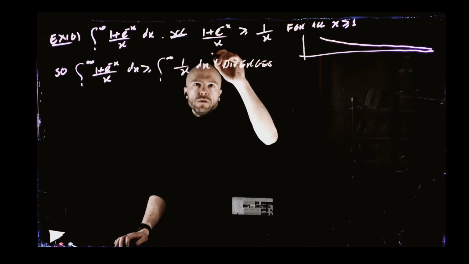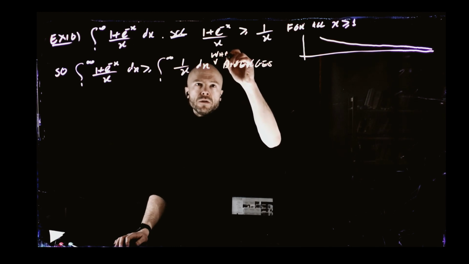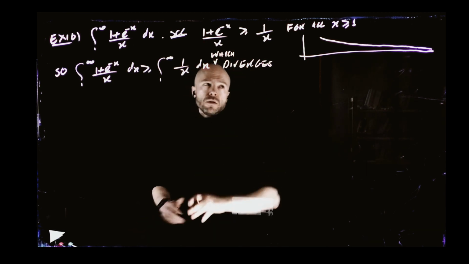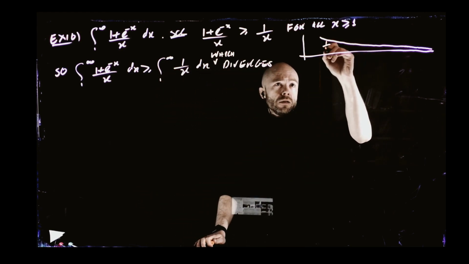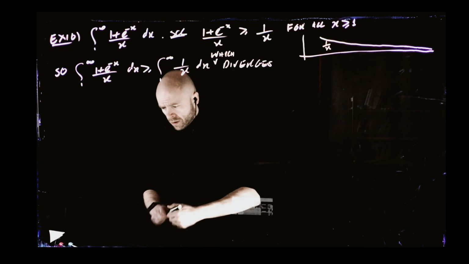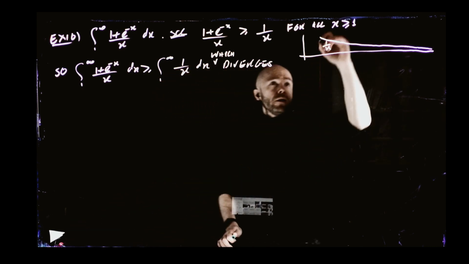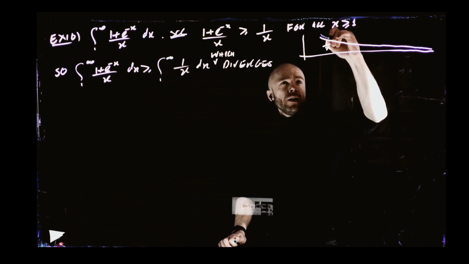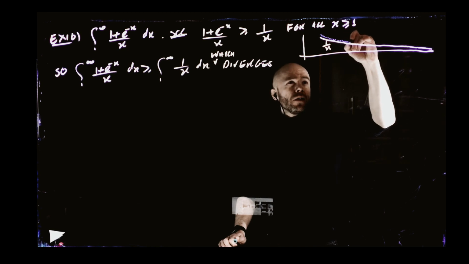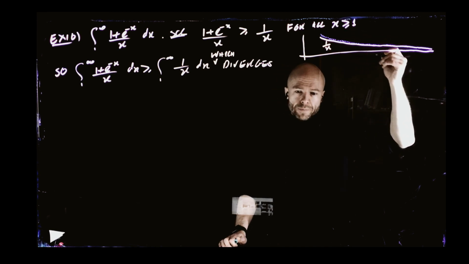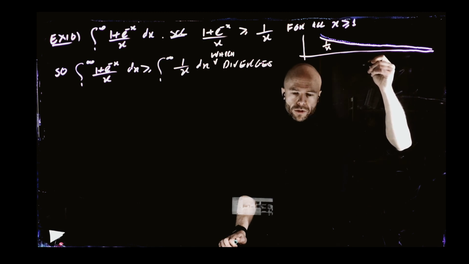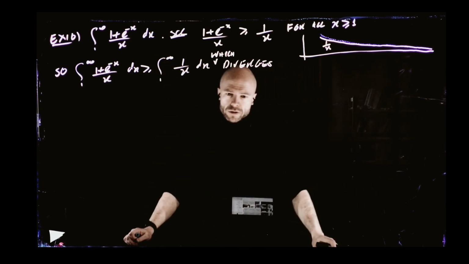So in pictures, if this thing is the graph of 1 over x, then the guy we're interested in is just a little tiny bit bigger than that, and it gets closer and closer to it incredibly quickly. But it's always bigger, no? So for sure, the area underneath this thing cannot converge.